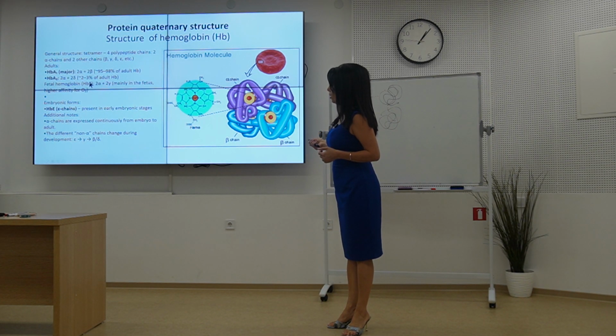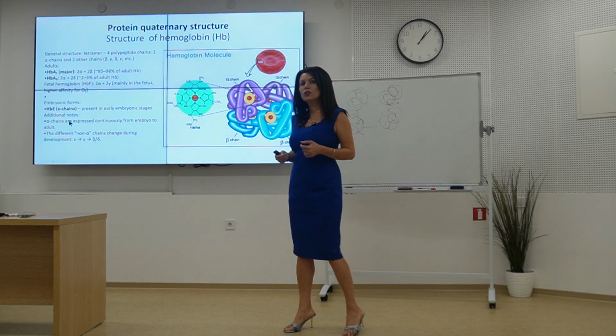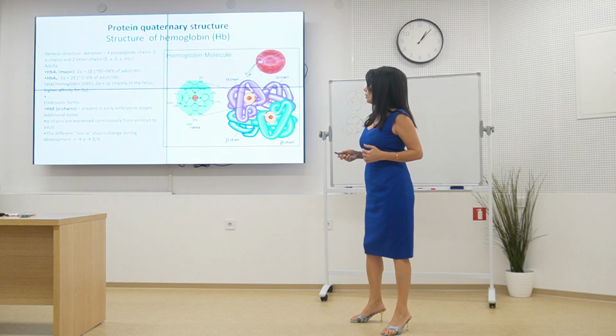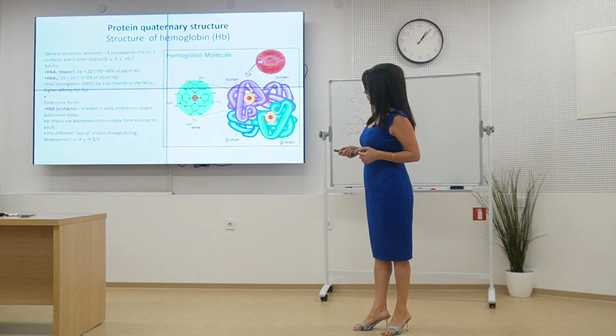This hemoglobin F has a higher affinity to oxygen. There are some other different hemoglobins like hemoglobin E with epsilon chains and so on. You need to know that alpha chains are expressed continuously from embryo to adult. The different chains are non-alpha chains that are changed during the development.